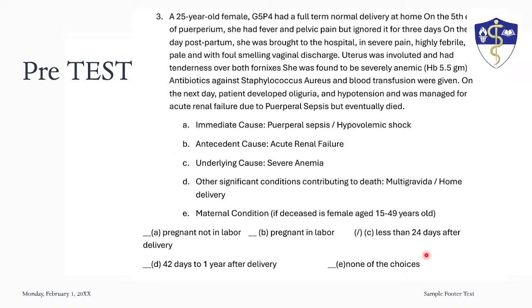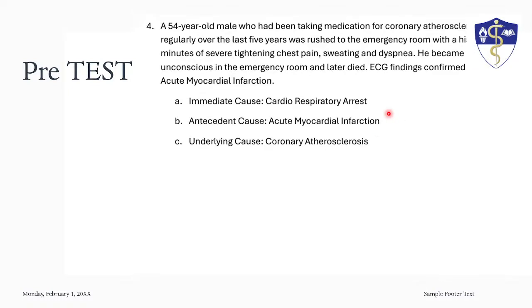It's less than 24 days after delivery. But 24, yeah, it's 42. This is supposed to be 42 days. Sorry, guys, I sent you a typo. This is supposed to be less than 42 days after delivery, because I noted that in the previous lecture.